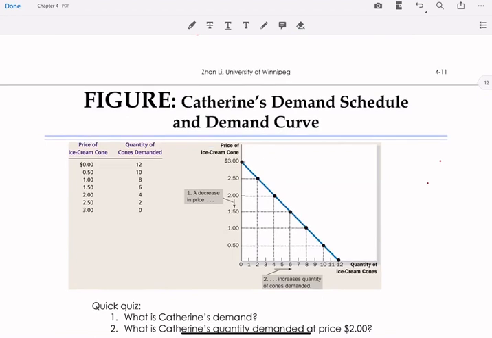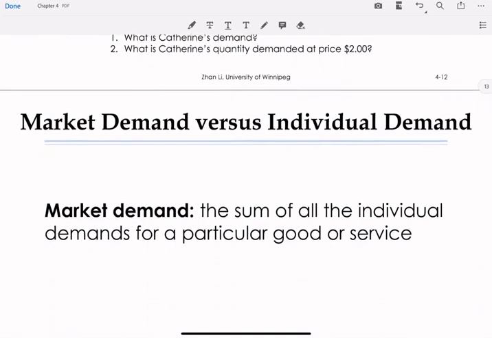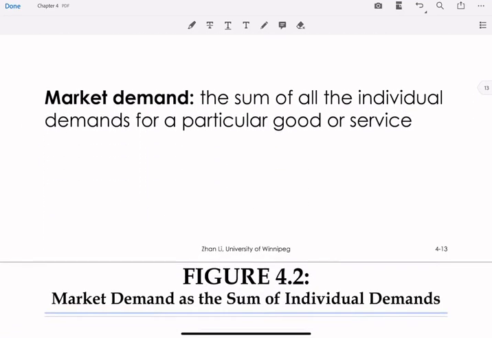So now the question is, how do we go from individual demand to market demand? Well, this is actually pretty simple. Market demand is defined as the sum of all the individual demands, right? So if you add up all the buyers' demand curves, then you will get the demand curve for the market.